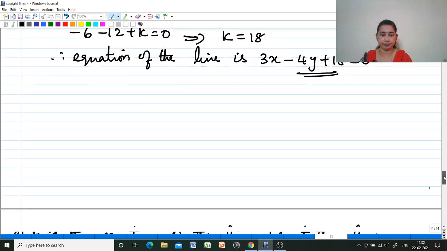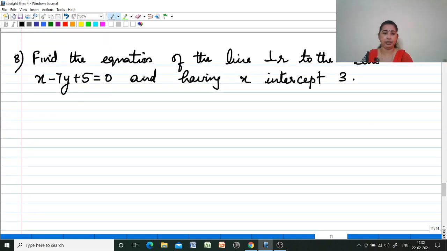Next one, find the equation of the line perpendicular to the line. We have to find the equation of the line which is perpendicular to x minus 7y plus 5 equal to 0. What is the slope of this line?